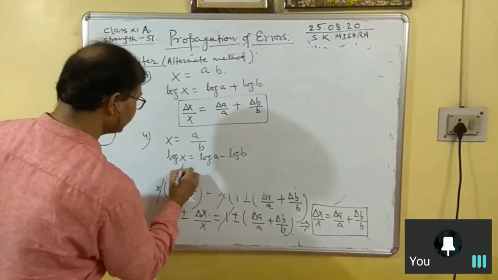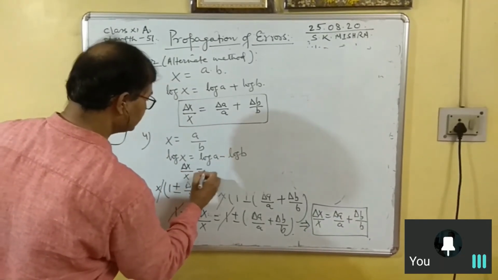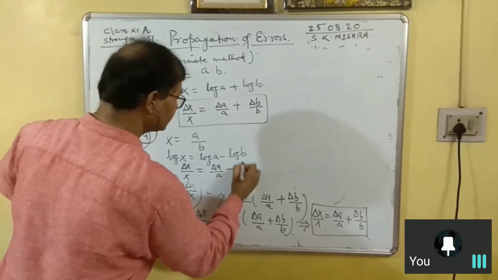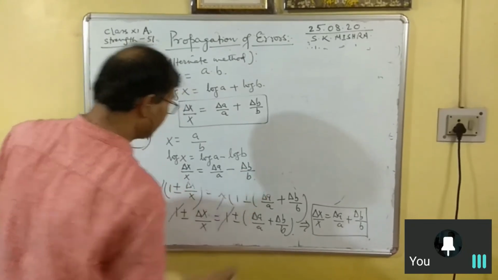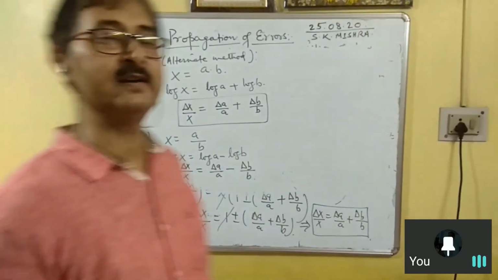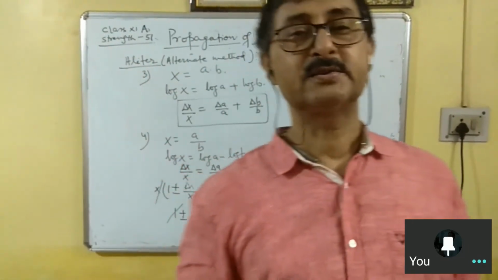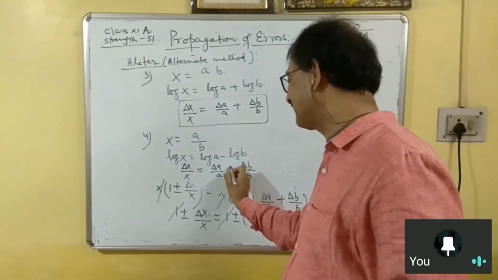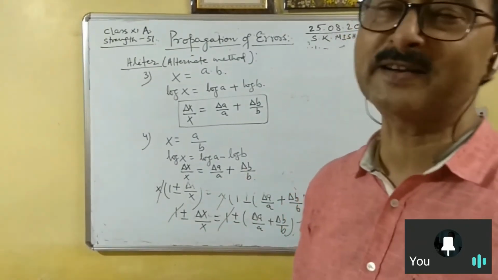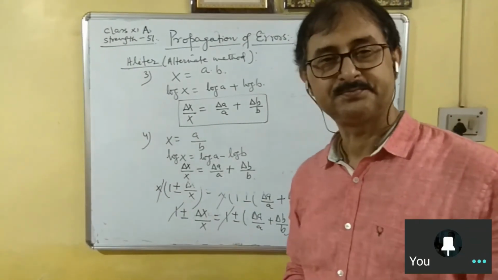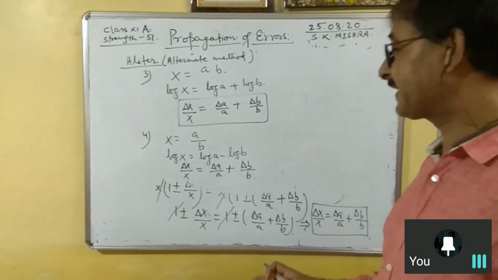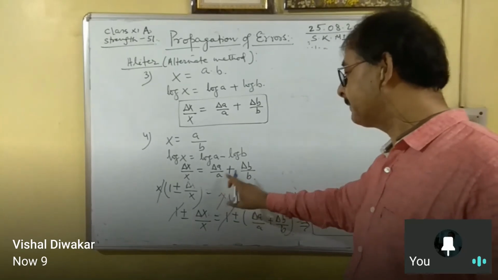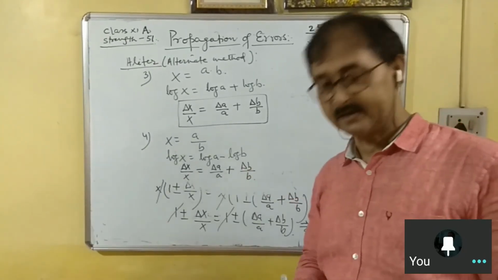Differentiation of log X is delta X by X. Differentiation of log A is delta A by A minus differentiation of log B is delta B by B. But remember, error is always added. It will never be subtracted. So to get the maximum error, you have to convert this minus sign into plus sign, because error always gets added. Since you are calculating maximum error, the maximum error propagated will be delta A by A plus delta B by B.